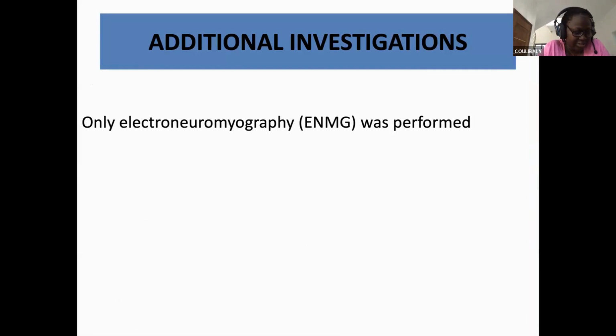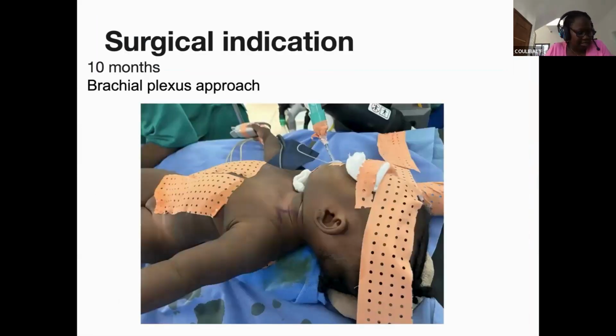It is very expensive here. At 10 months of age, because she had no elbow flexion and the lesions are very important, we decided to do surgery for a faster result, to avoid long physiotherapy sessions.